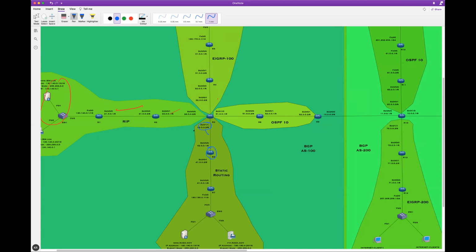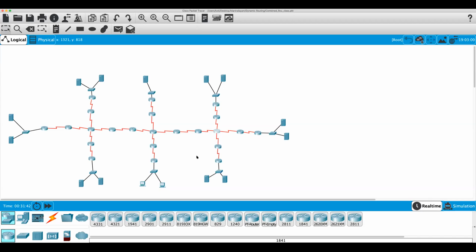If you go to Packet Tracer, I'll show you which router we replaced router 6 with when it started working. So go to Packet Tracer, please. Yes, sir. This one is the R6 router. I think we replaced it with router 1841.